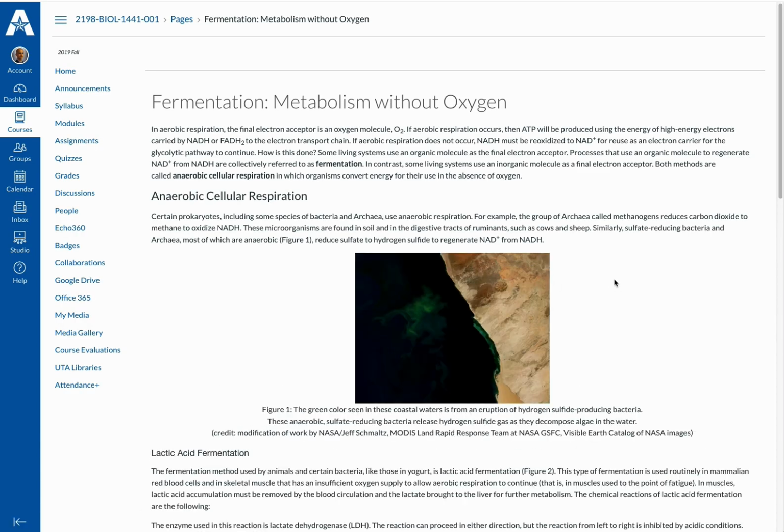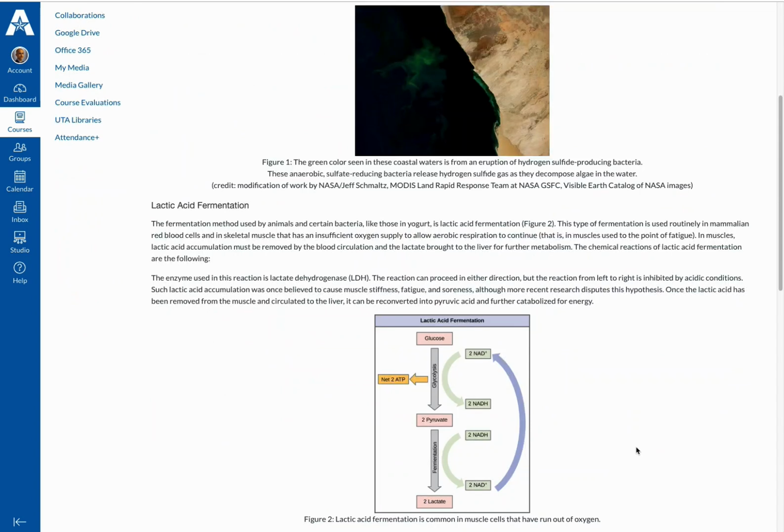In the case that we don't have oxygen, we can still make energy in a process called fermentation. The reason we need to do that is because when we generate those ATPs from glucose, we're constantly generating these NADHs, which are not being used.